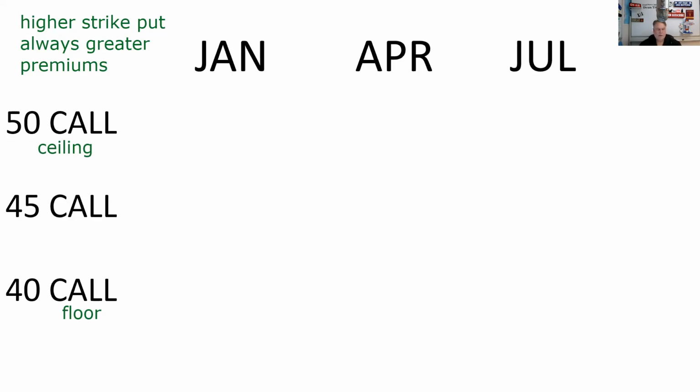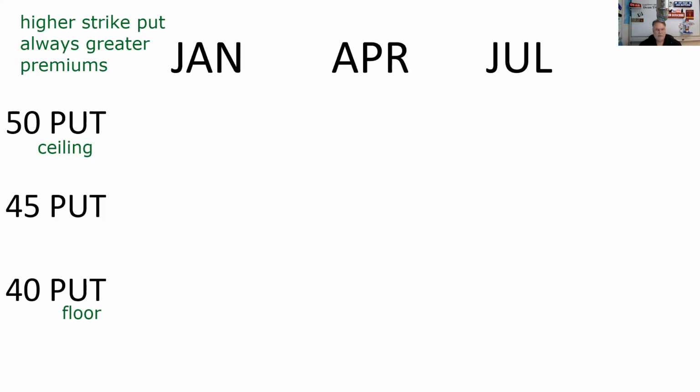So one thing you can do on options that are missing premiums is, if it's a call spread, the lower strike is always going to be dominant. And if it's a put spread we're working on now, it's always going to be the higher strike that is dominant. So again, let's just put that in here. If we look at these two premiums, we're looking at January's, the 50 is going to have a greater premium.